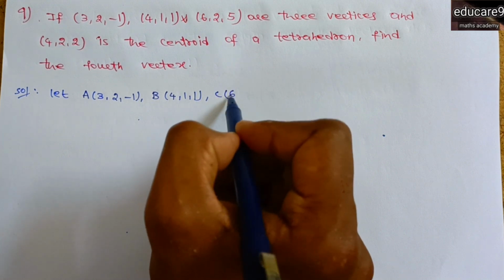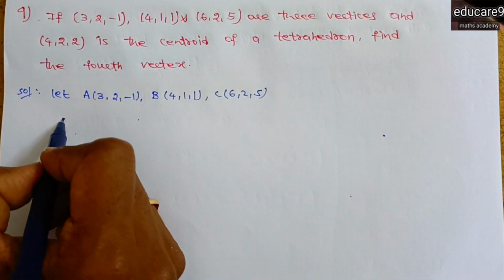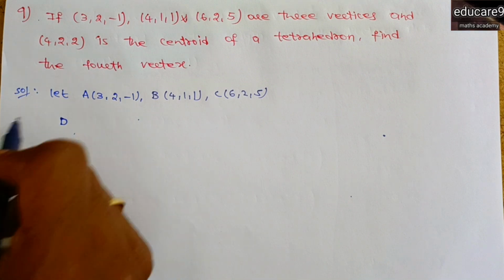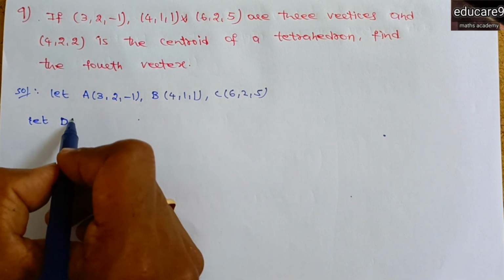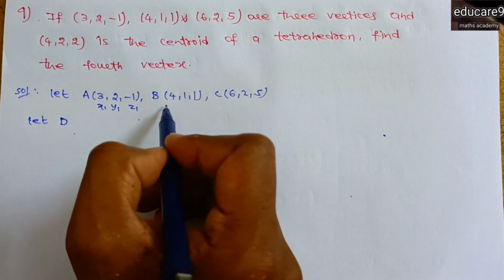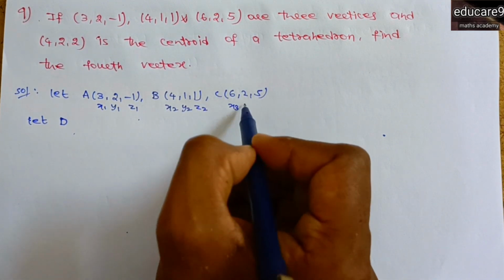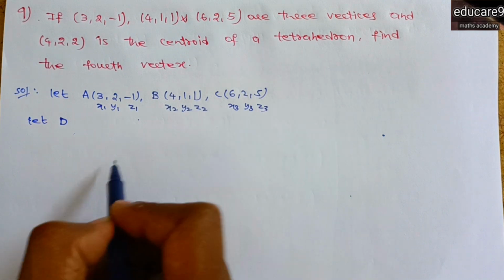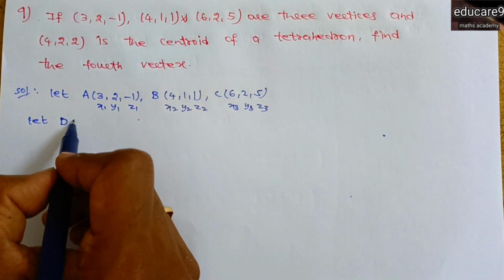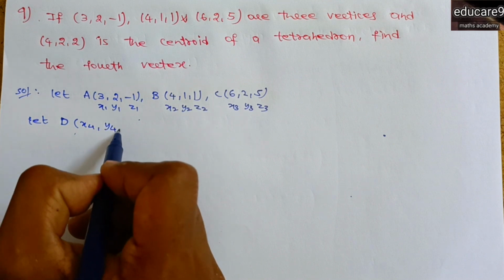Third point C (6, 2, 5). To find the fourth vertex, let us consider the fourth vertex is D. Here A is x1, y1, z1, B is x2, y2, z2, and C is x3, y3, z3. Let us consider the fourth vertex D is x4, y4, z4.